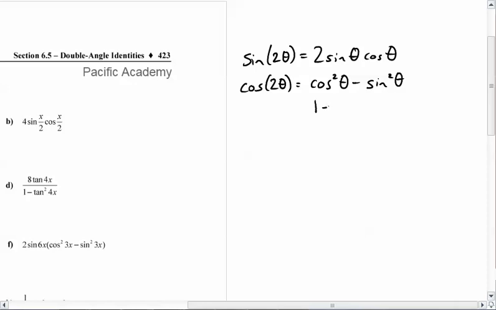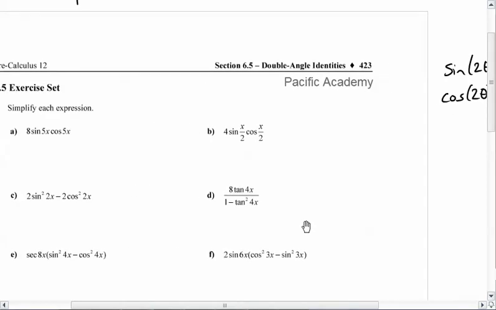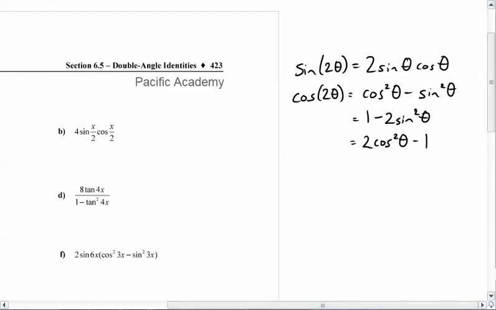It's also the same as 1 minus 2 sine squared theta, which is also the same as 2 cos squared theta minus 1. And that's just from putting it together with sine squared plus cos squared is 1. So we take a look at the formula and we try to match. So here I can see sine theta cos theta, which is the same as 2 sine theta cos theta.